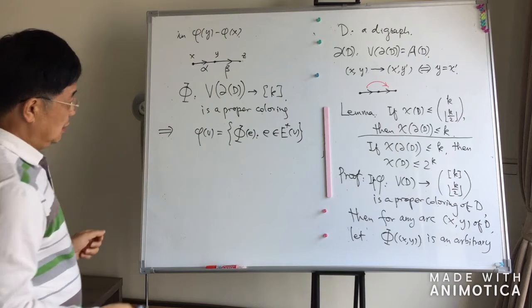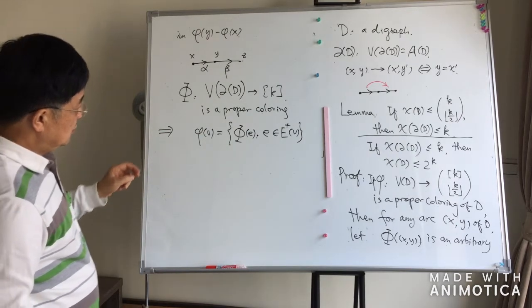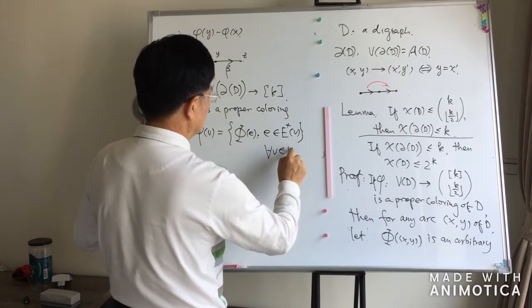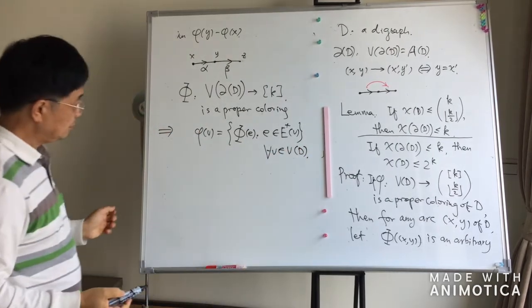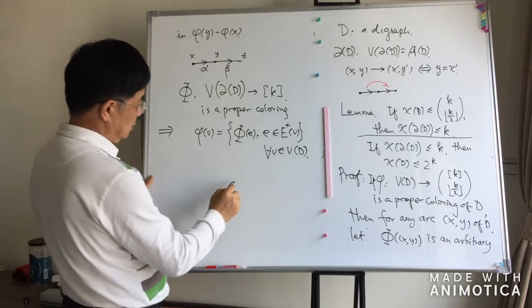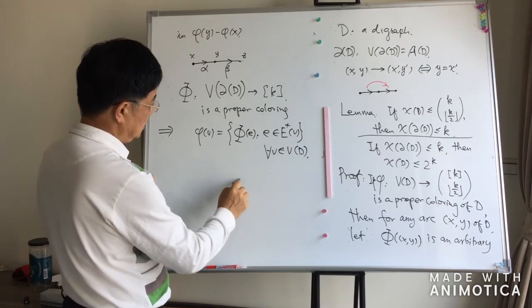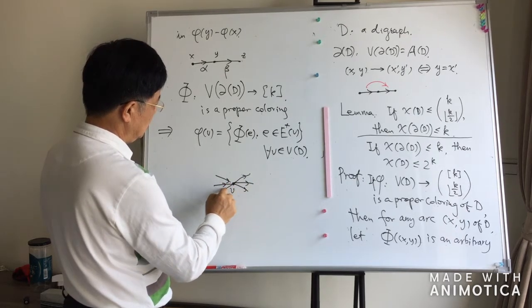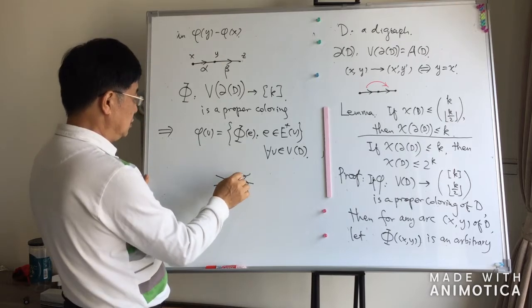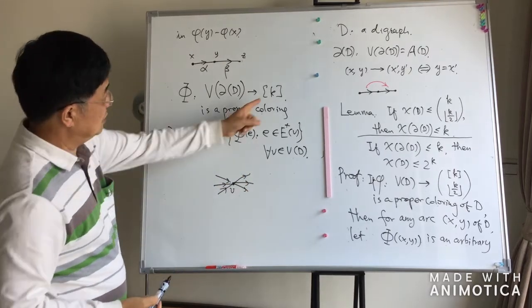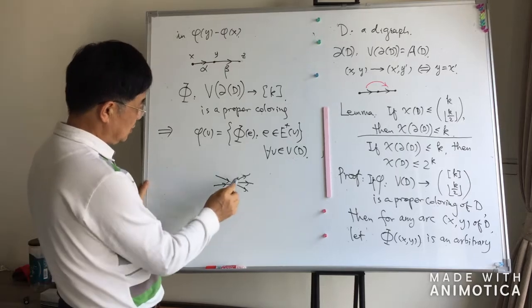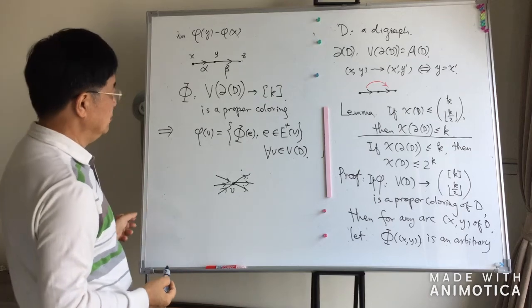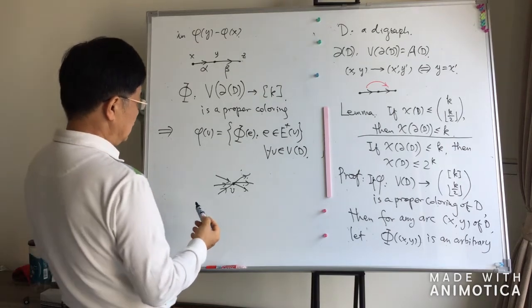So this is for each vertex of D. You take a vertex v, and these are the outgoing arcs, and then maybe some incoming arcs, and each arc is assigned a color from this K. Now I color this vertex with the set of colors of these arcs.